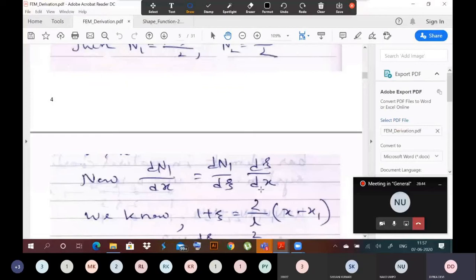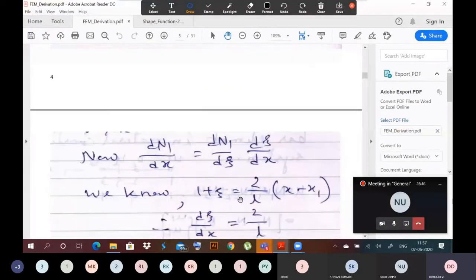Therefore dn1 by dx will be equal to dn1 by dxi into dxi by dx, that is 2 by l. Then we differentiate the shape function N1 with respect to xi. N1 is (1 minus xi) by 2. After the derivative we will get 1 by l into d by dxi of (1 minus xi), which is -1. So dn1 by dx is equal to -1 by l.